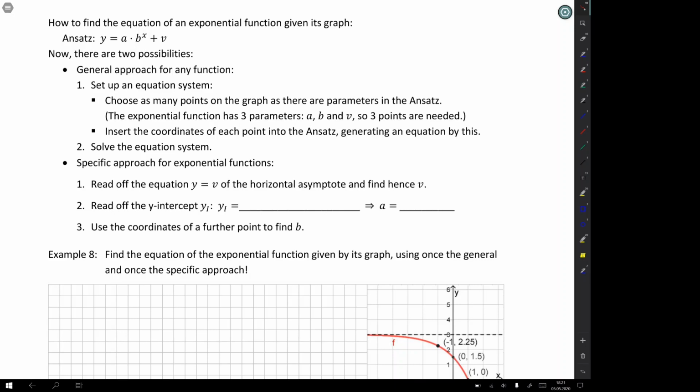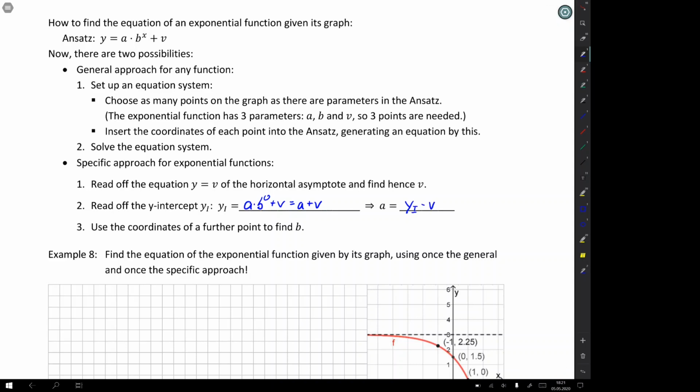For that, first we read off the equation of the horizontal asymptote. In that way we get directly v. Then we can read off the y-intercept, yi, which is just a times b to the power of 0 plus v, so a plus v, as we said before, which means we can now find a simply as the y-intercept, yi minus v, which we found in step 1.